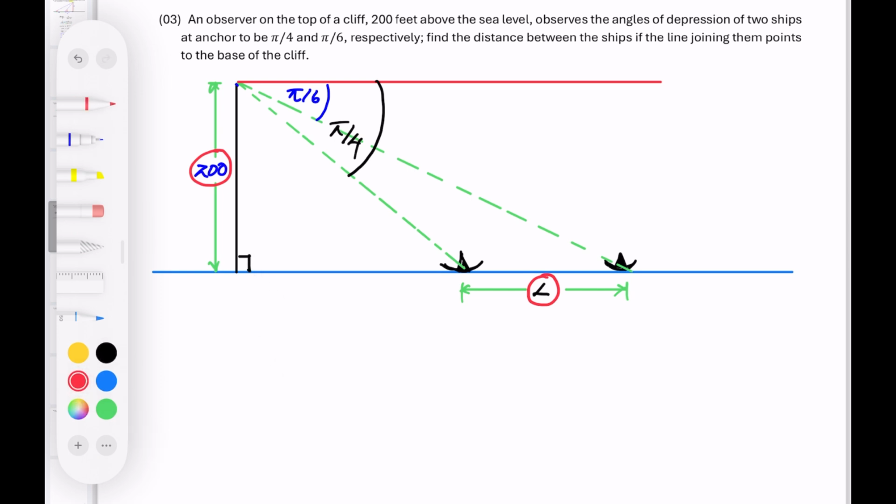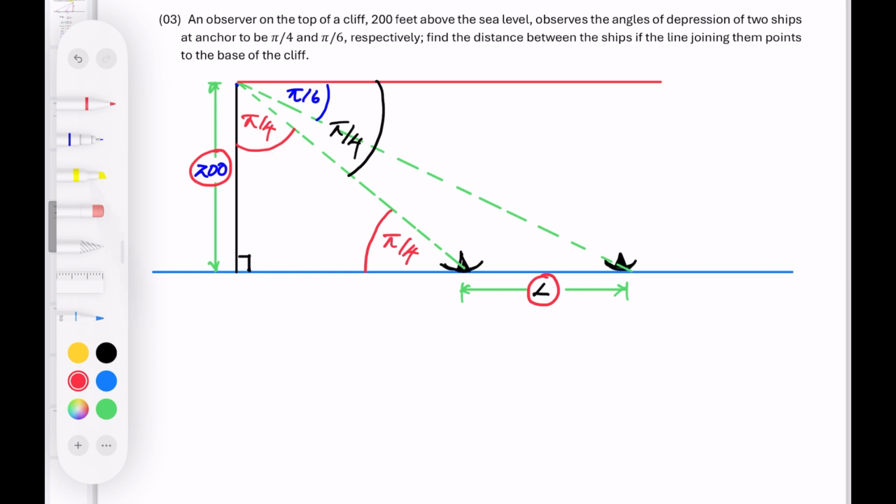What should be the size of the angle right here? We know that this line is a horizontal line and the sea is also a horizontal line. Therefore, the angle right here should be exactly the same as the angle right here. Therefore, this angle should be equal to pi/4, which makes the angle on the other corner also equal to pi/4.